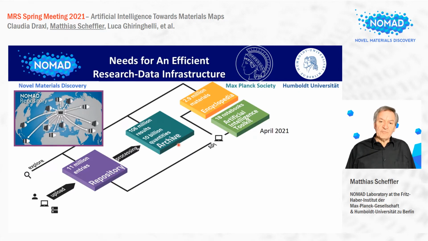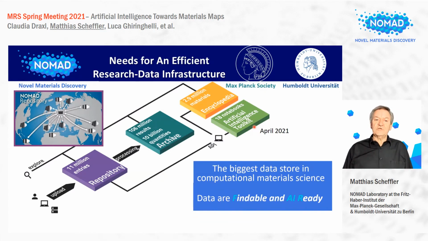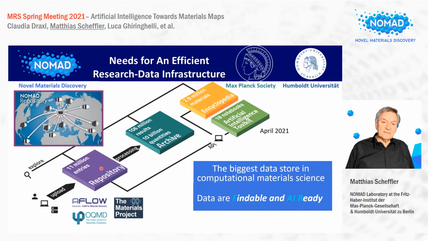There is a lot of information in the archive, and one can look at it via the NOMAD Encyclopedia, or one can do data analytics by using the NOMAD Artificial Intelligence Toolkit. NOMAD is the biggest data store in computational material science, and we are in close contact with all bigger databases in the US, AFLOW, OQMD, Materials Project, and more.